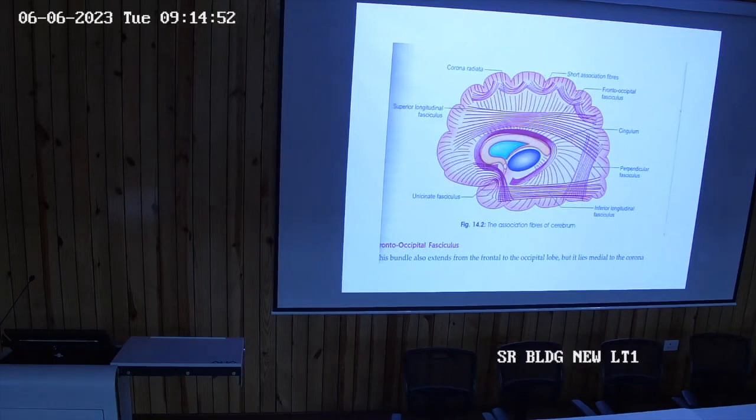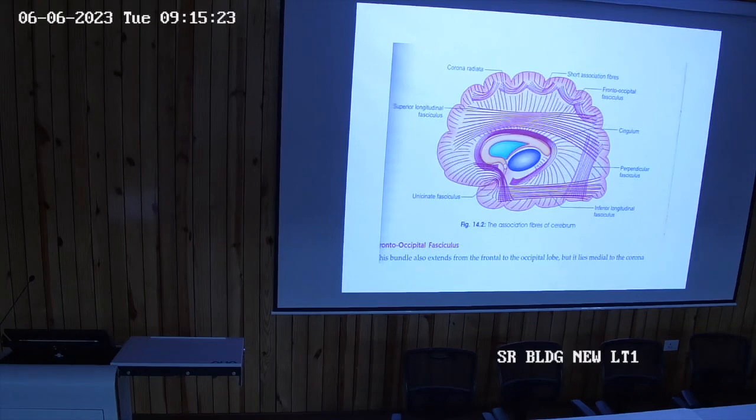After this, we come to another type of white fibers: the commissural fibers. The commissural fibers are again classified as the anterior commissure, posterior commissure, corpus callosum, and also the habenular commissures. All these are examples of commissural fibers.